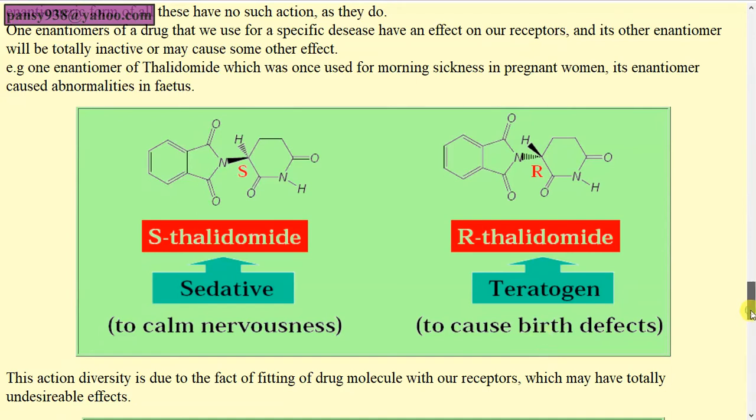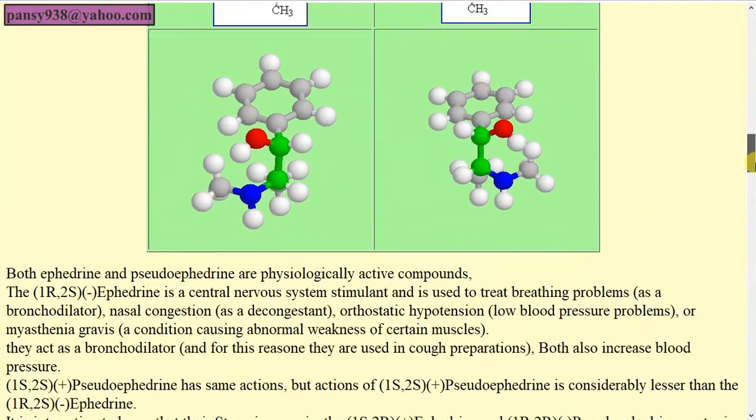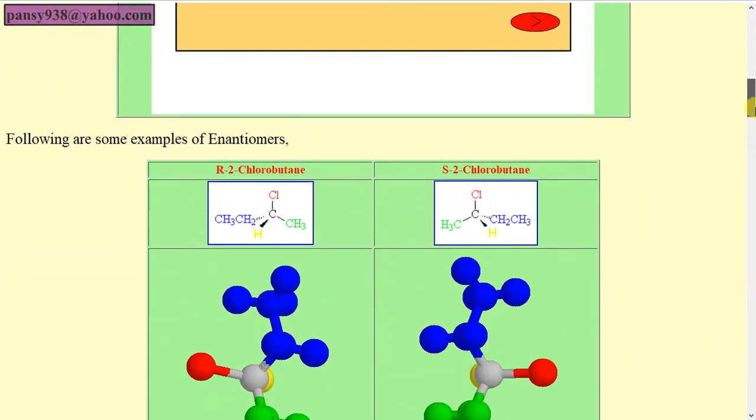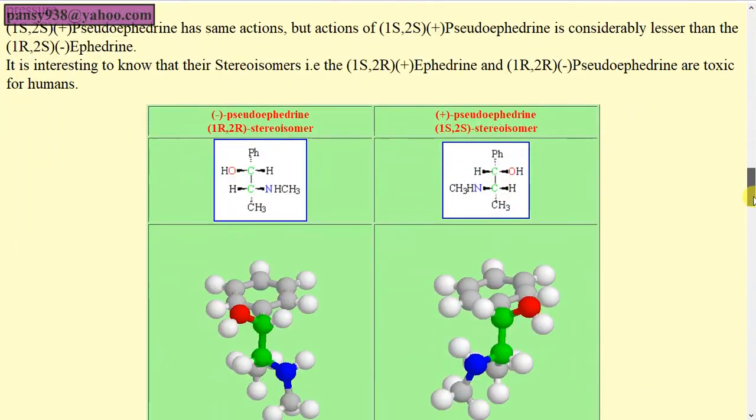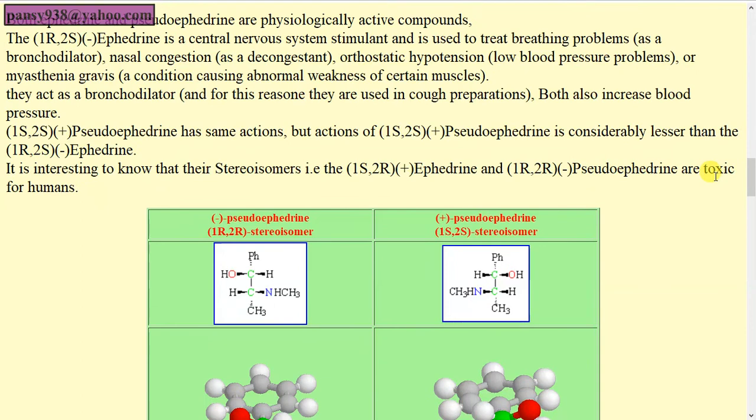Similarly, we have seen this phenomenon in ephedrine and pseudoephedrine. We have seen that one of the isomers in the ephedrine series is toxic, and the second one we use in our preparations for the respiratory system as a bronchodilator.